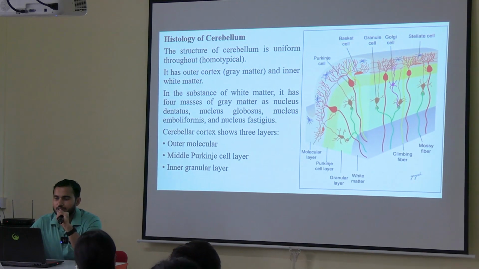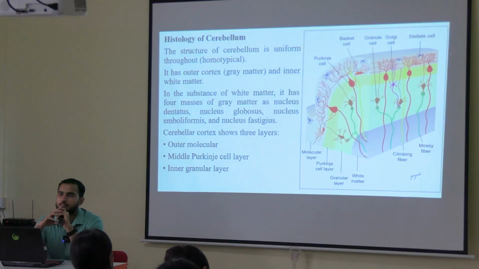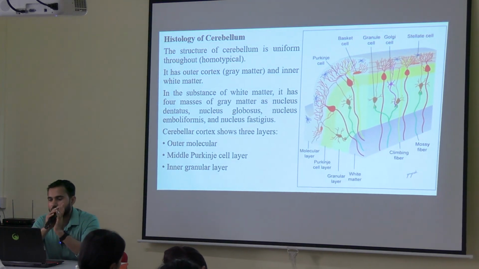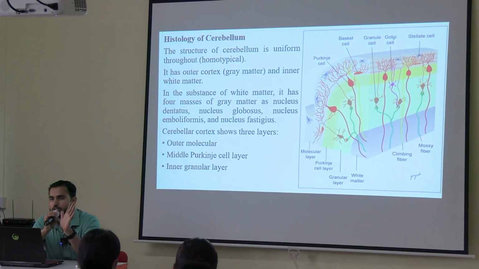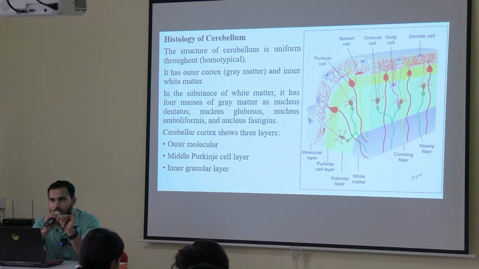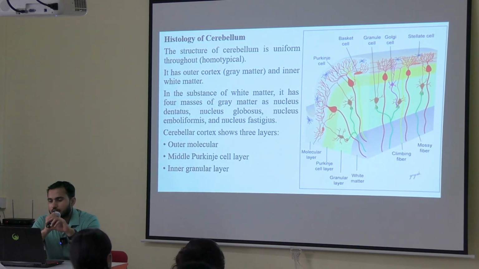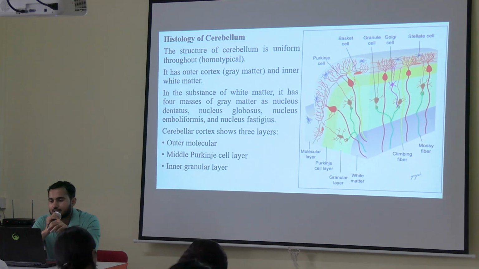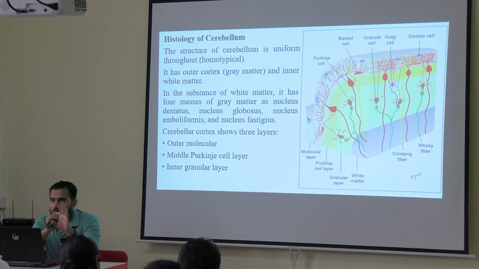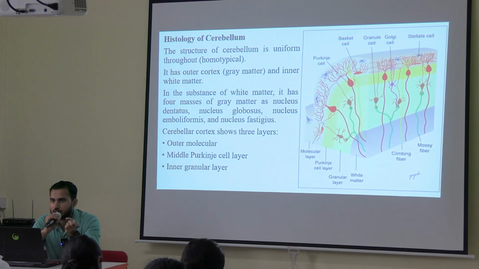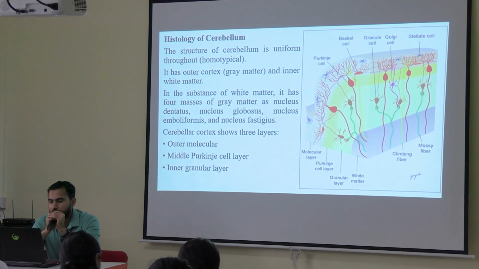So in cerebellum also, the cortex is there. The structure of cerebellum is, first of all, uniform throughout the cortex. So it also has an outer cortex and inner white matter. Outer cortex is made up of grey matter. Inner part is made up of white matter.